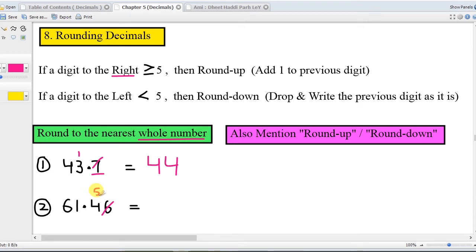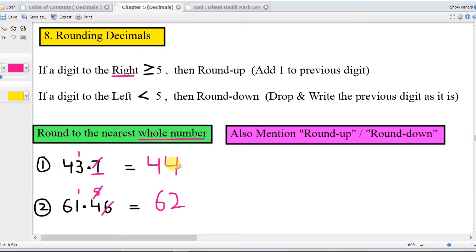Now check, this 5 is equal to 5. When a number is equal to 5 or greater than 5, we have to add 1 to the previous number. So since this 5 is equal to 5, we add 1 to the previous number, and now this number will become 62. Got it? Since we have to convert it to the nearest whole number.